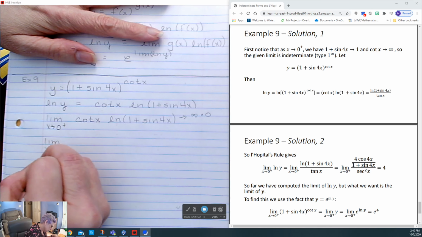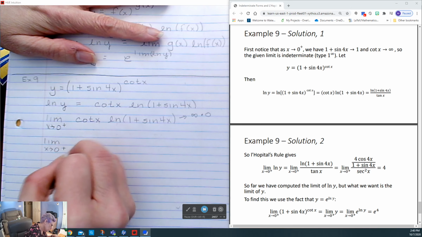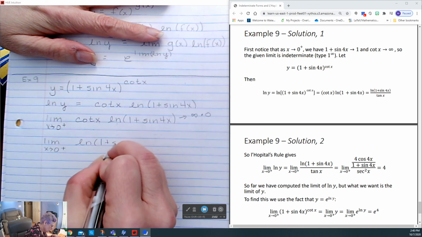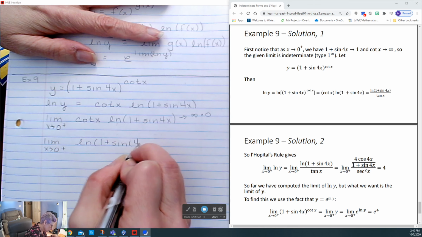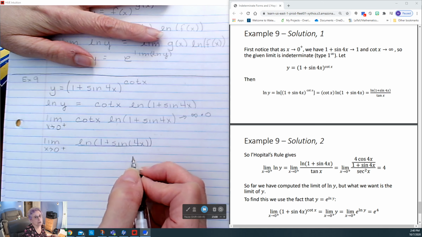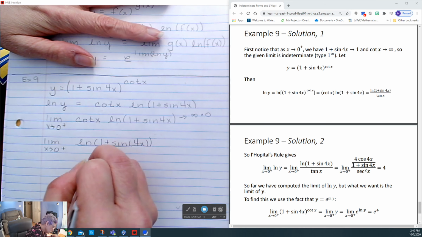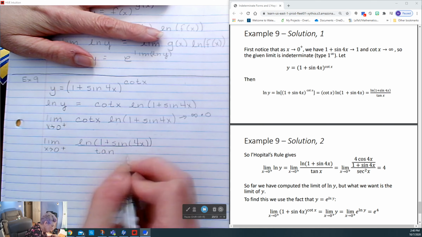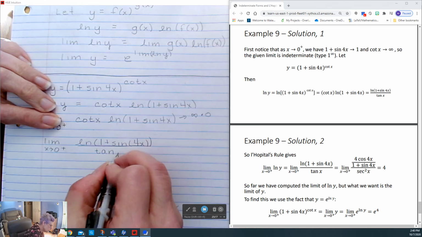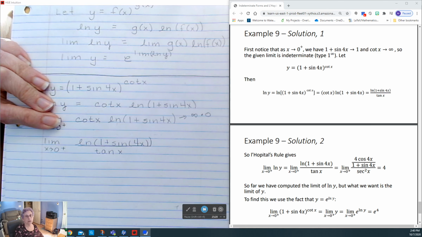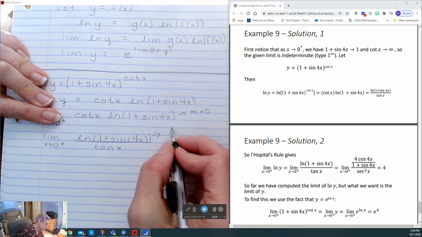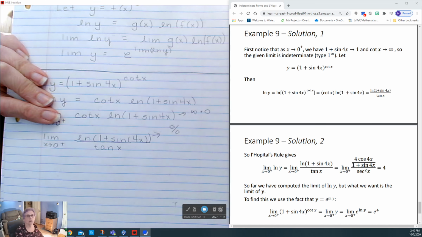Limit as x approaches 0 from the right. I'll rewrite it. I'm going to leave natural log on top, and cotangent on the bottom is the same thing. 1 over cotangent, excuse me, because I have to put 1 over cotangent is the same as just plain old tangent down below. And now when I try to plug things in, I get 0 over 0.